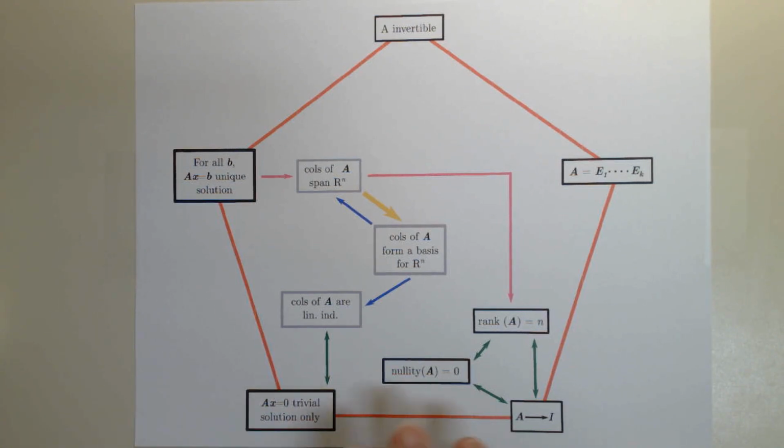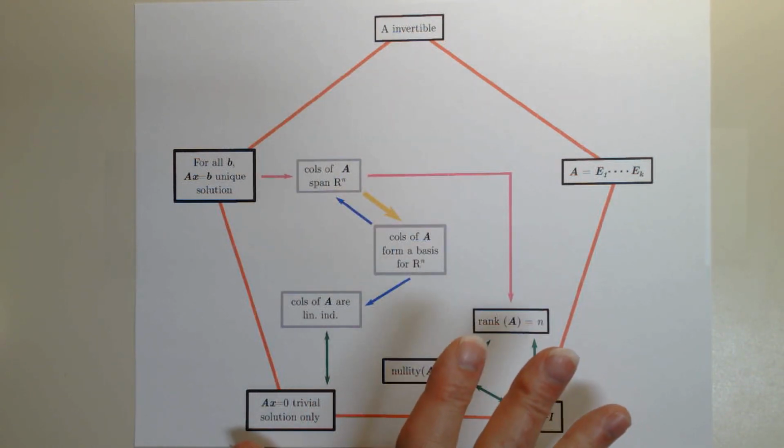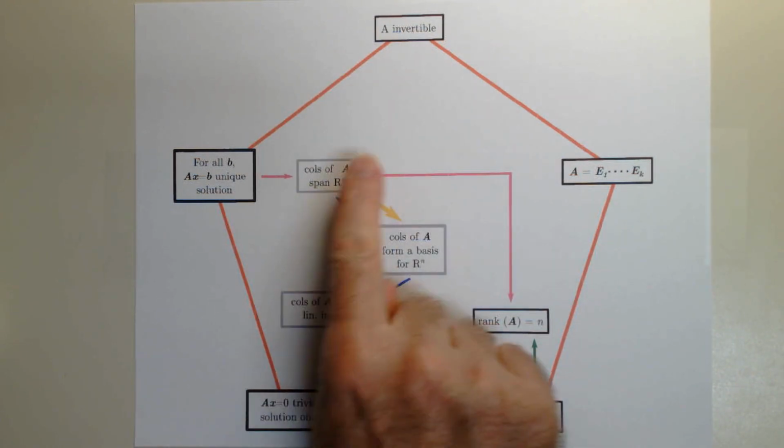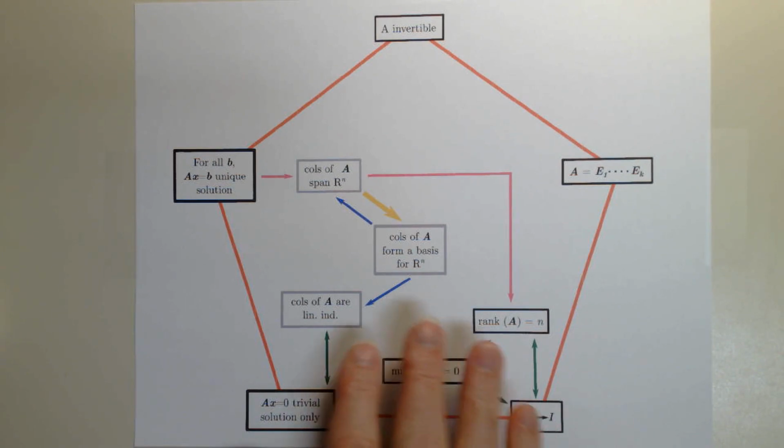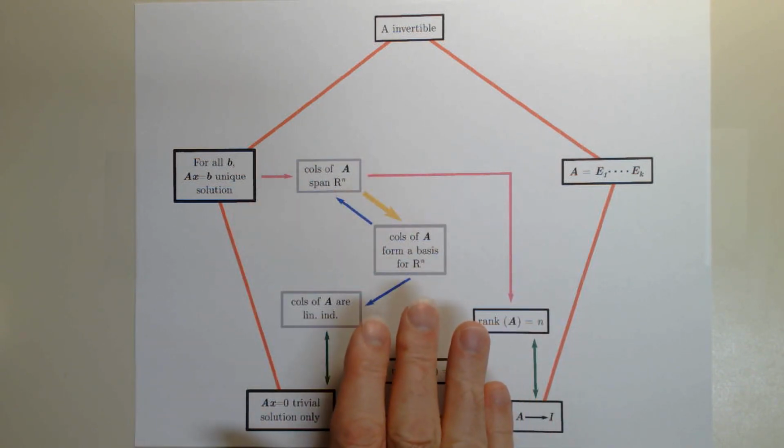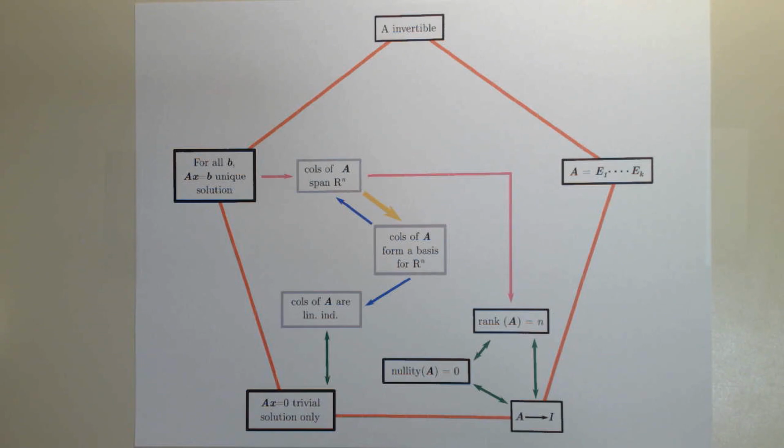Now, this diagram contains statements A through J. Statements A through E are on the outside cycle, colored in red, and we encountered these statements in version 1 of this theorem. So we know that if any one of these statements is true, then all of them are true. Statements F through J are listed on the inside of this cycle, and our task is to show that we can add these internal 5 statements to the list of equivalent statements.